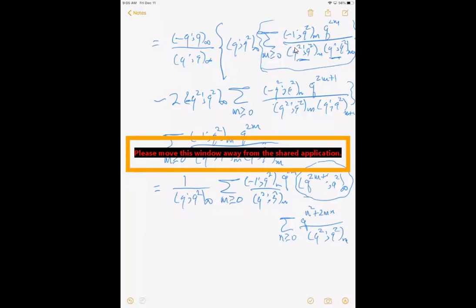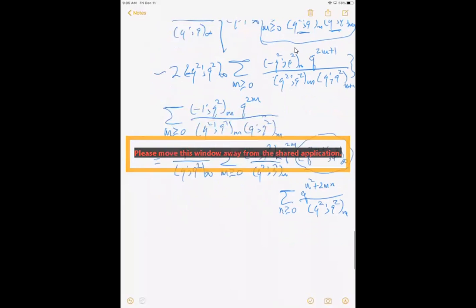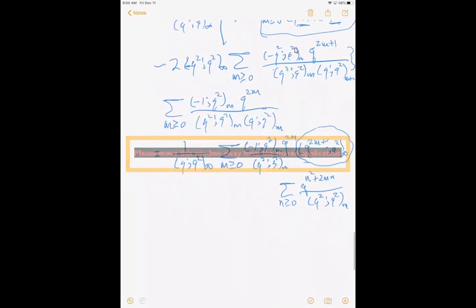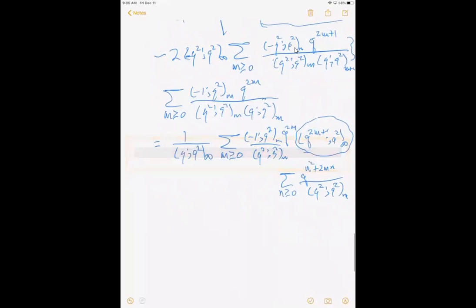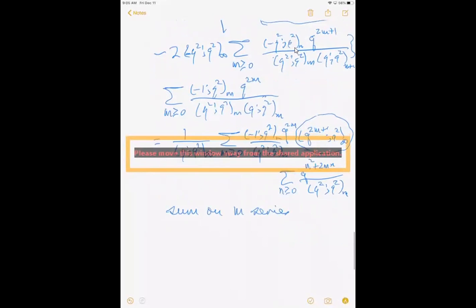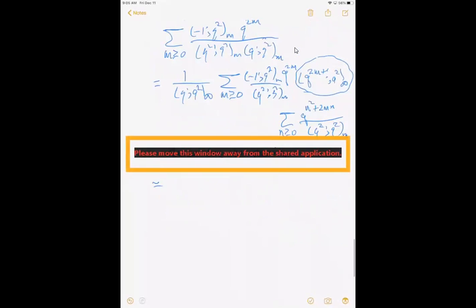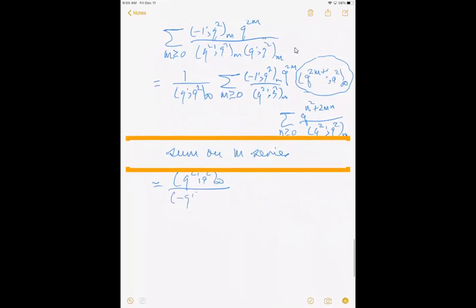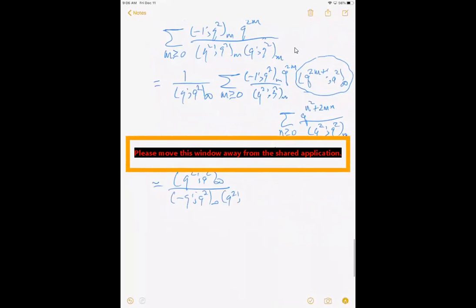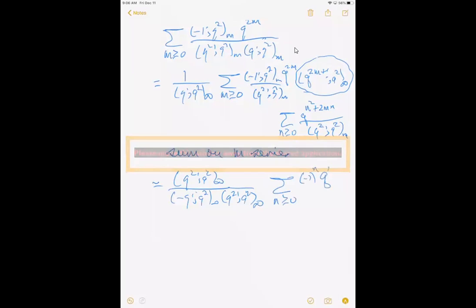And then you sum on the m series. And now, rather than dragging you through more of the weeds here, let me point out that after all that's said and done, you have Q squared infinity, minus Q squared infinity, Q squared infinity, and you have a very nice simple series, summation n greater than or equal to 0 of (-1)^n q^(n squared) over minus Q squared sub n.